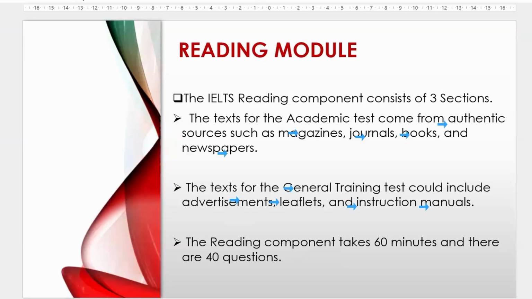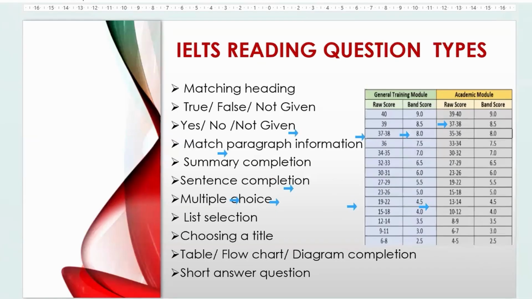Now, I'm going to talk about the writing part. But before moving to the writing part, I would love to talk about the question types of reading. The more challenging question types are true, false, not given, yes, no, not given, and summary completion, multiple choice, or choose a title.